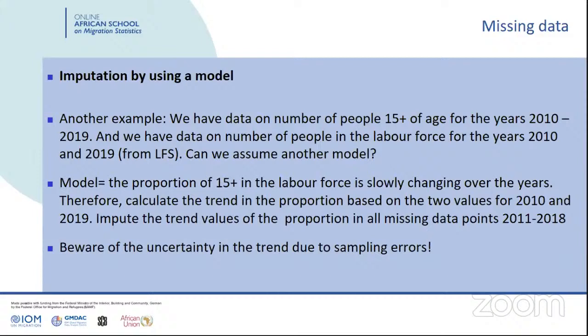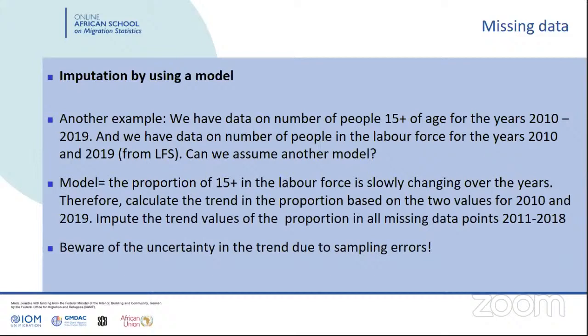We could have done that in our previous example, but it's not a good idea to calculate a trend between 2 years that are so close to each other, as 2010 and 2012 were in the previous example. So in the previous example, we used the mean, but in this example, we use the trend.